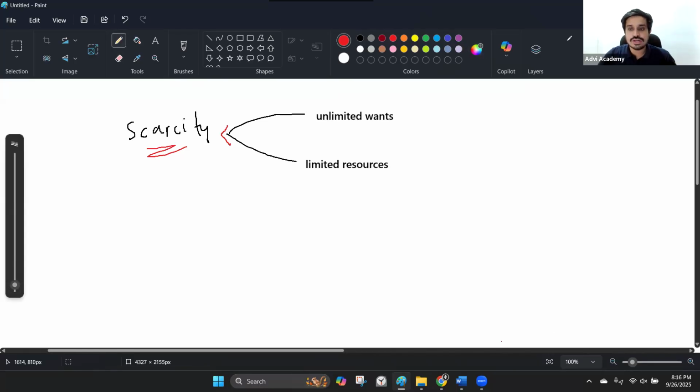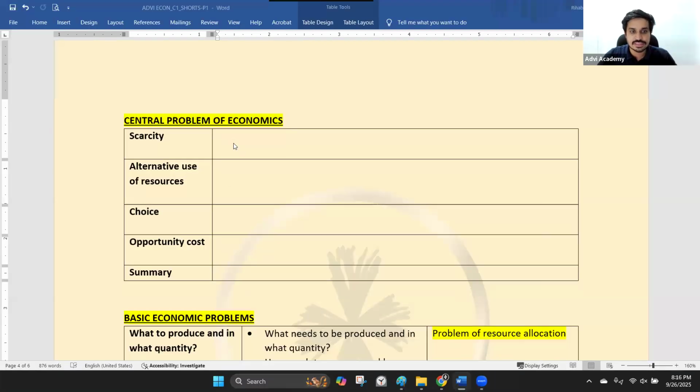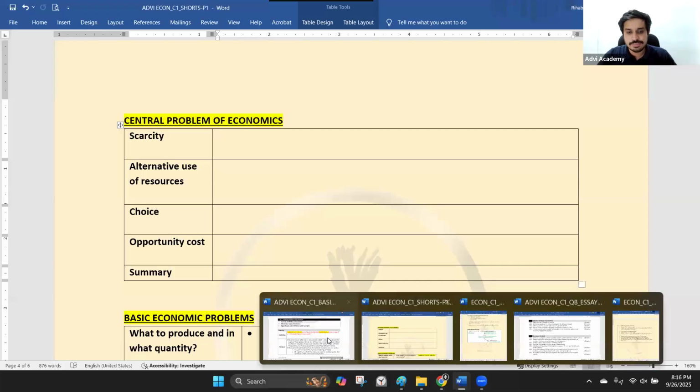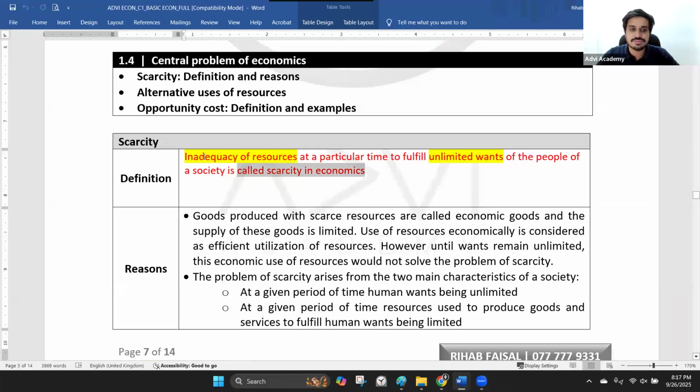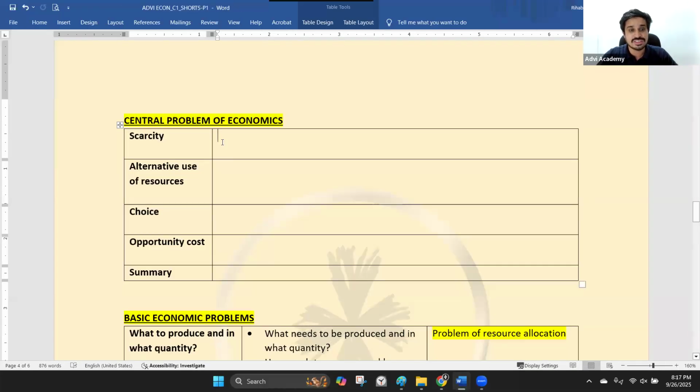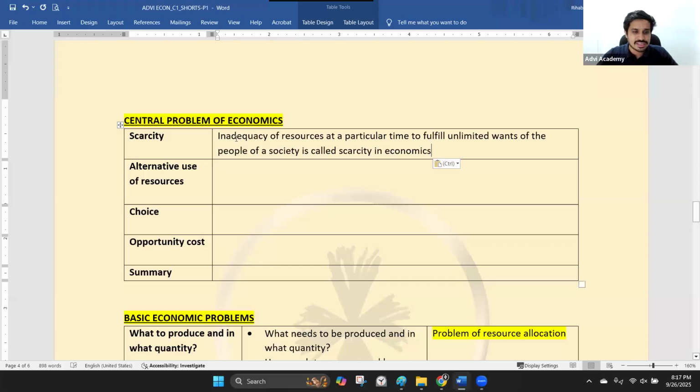Okay. So what is scarcity? If we ask for a definition, you should be able to say this: insufficient resources at a particular time to fulfill the unlimited wants of the people of a society is called scarcity.